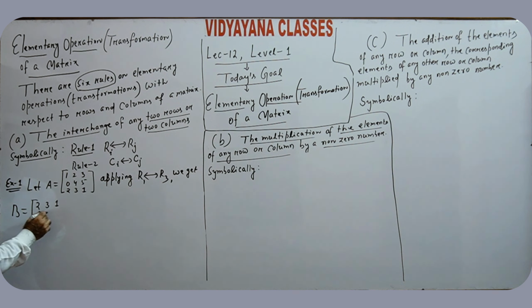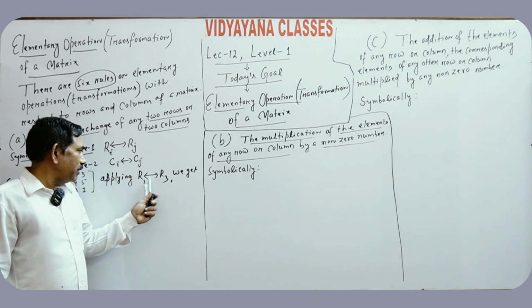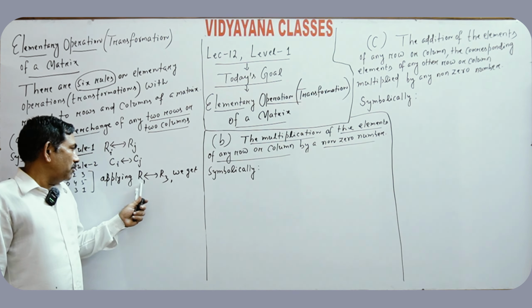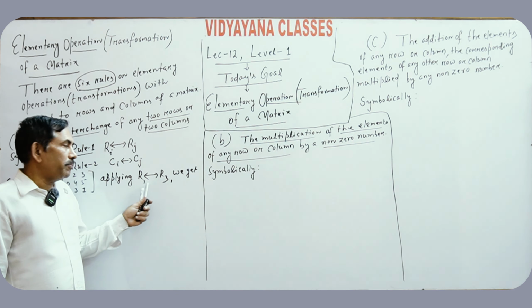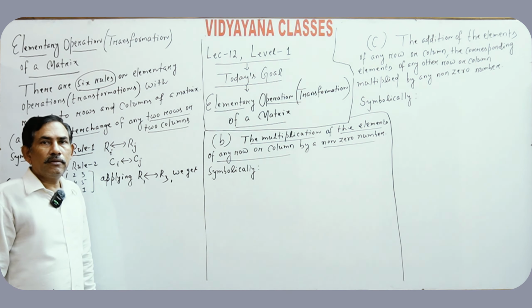There is no change of second row. Row 3 will be row 1: 1, 2, 3. The arrow mark is read as replaced by. Row 1 is replaced by row 3. Row 3 is replaced by row 1.